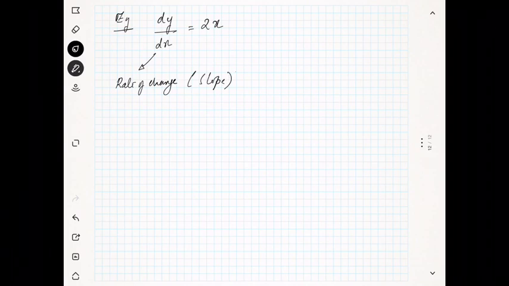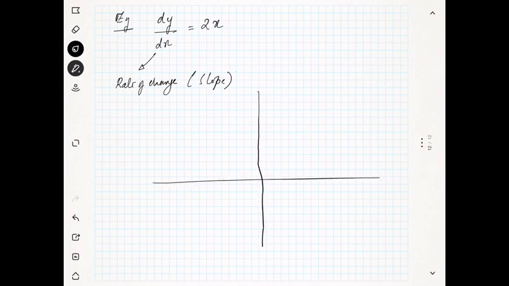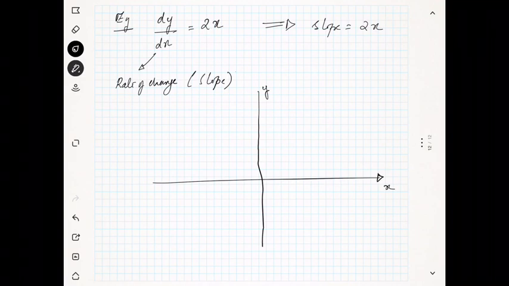Let us plot this function. This equation is giving you the slope equal to 2x. You can define the slope by using a simple equation, which is 2x. So there is x and this is y, and this is dy by dx.